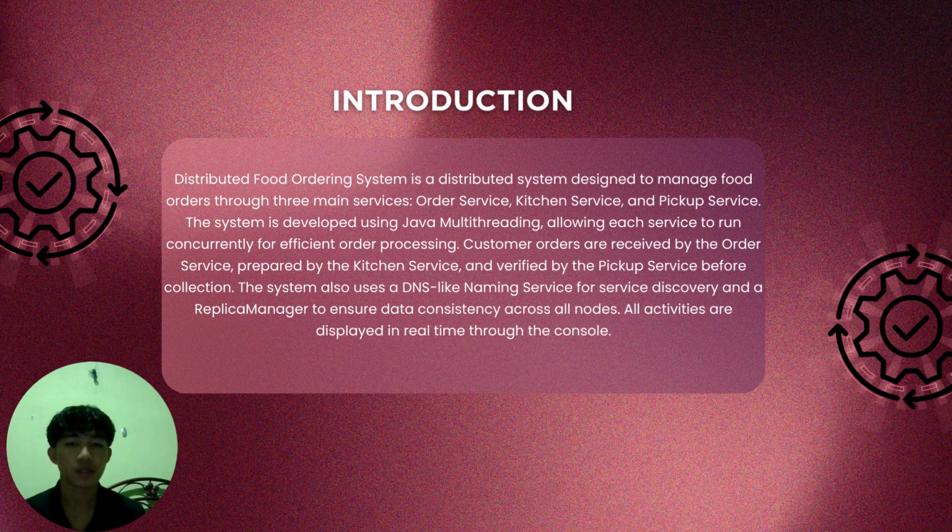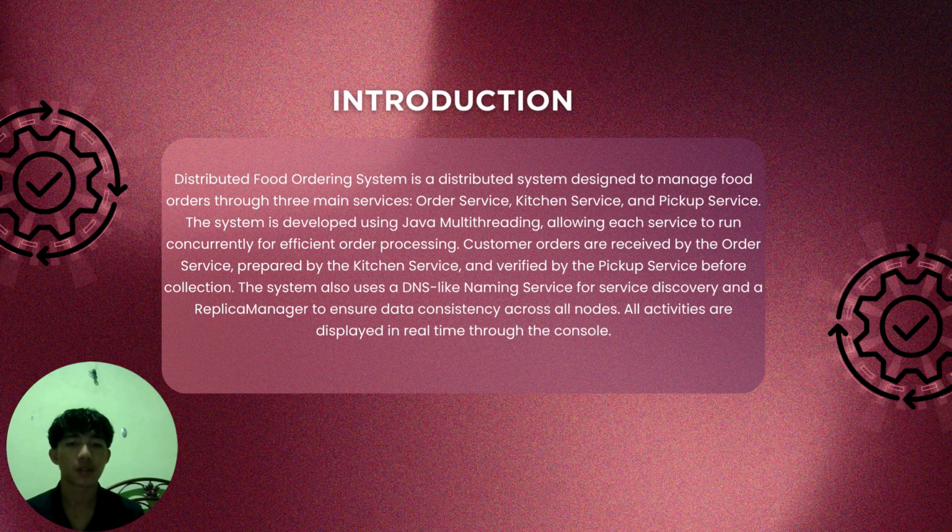Today I will present the distributed food ordering system. The system manages customer food orders using three services: order service, kitchen service, and pickup service. The system is built with Java multi-threading, so each service runs as an independent thread and works concurrently.